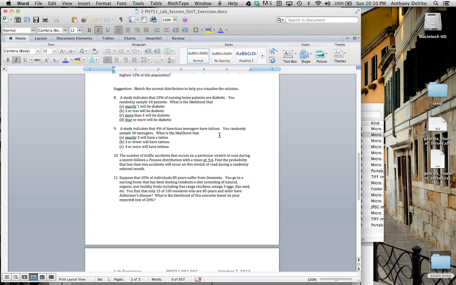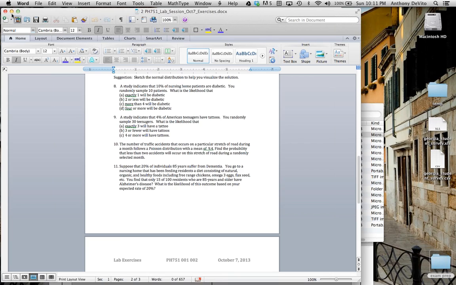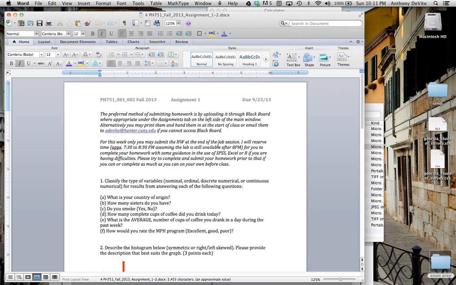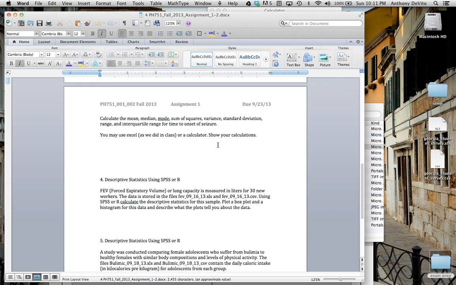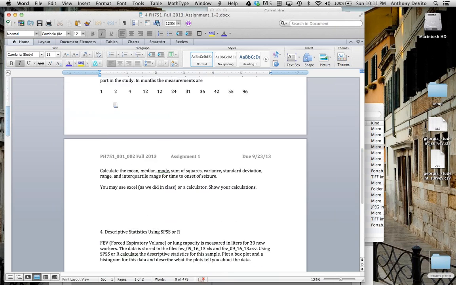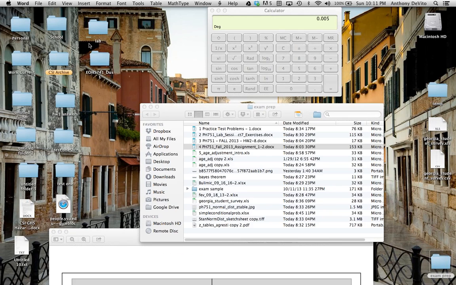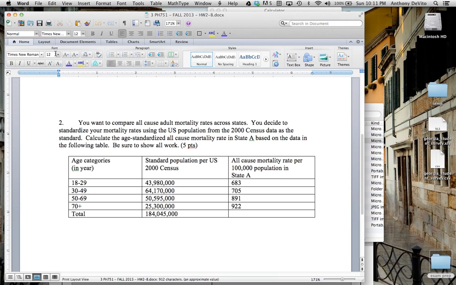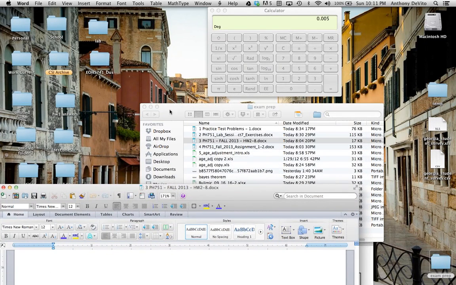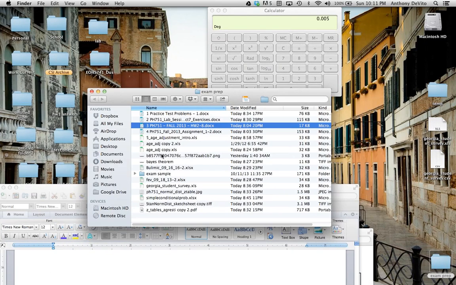Yeah, I guess this is the lab we went through where we brought it up. I think I might have something else here too. Homework 1. Assignment 1. Let's try assignment 2. Nope, not really. I want to hold that up because I want to do something quickly with age adjustment.